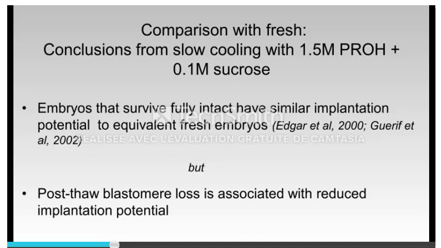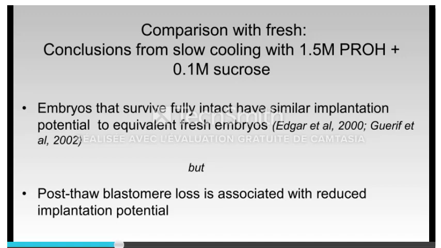And it was established by our own group and by the French group, importantly, that those embryos that survived intact after cryopreservation using this methodology had the same developmental and implantation potential as fresh embryos, if they survived intact, and if we compare embryos of the same morphological and any way that we can measure quality applied to that. So they had to be equivalent embryos.